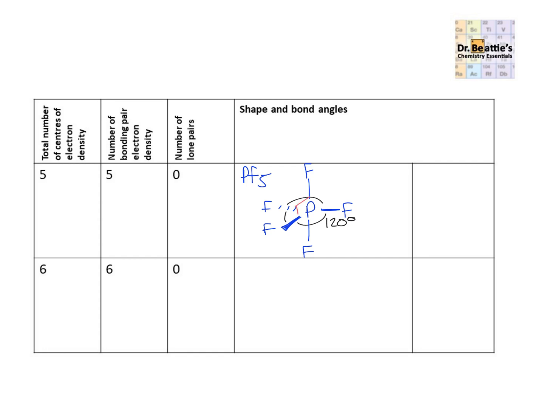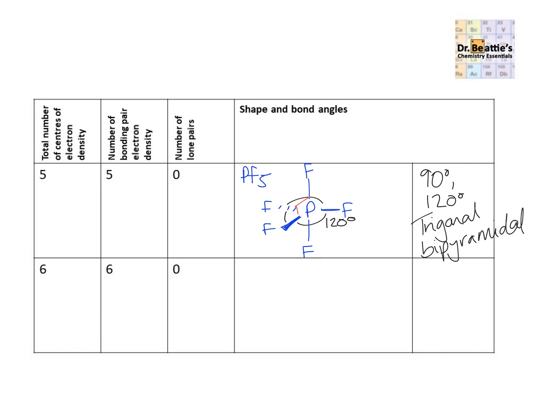And that's the case for any of the angles between the axial fluorines and the other fluorines involved. So this is 90, this is 90, this is 90. There's obviously a similar situation happening for this fluorine also. So the two angles that you need to learn for this are 90 degrees and 120 degrees. And the name of this structure, this shape of molecule that's produced, is called trigonal bipyramidal.